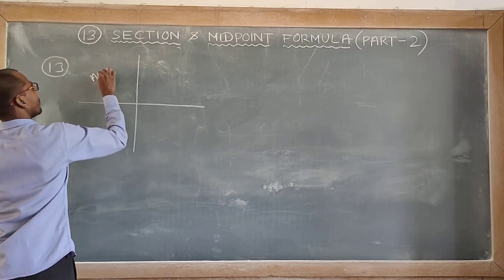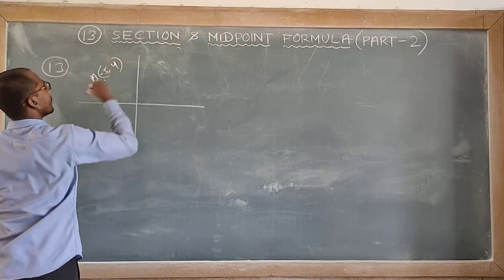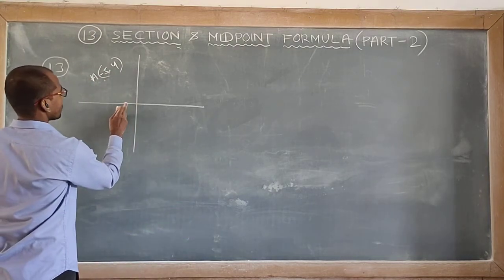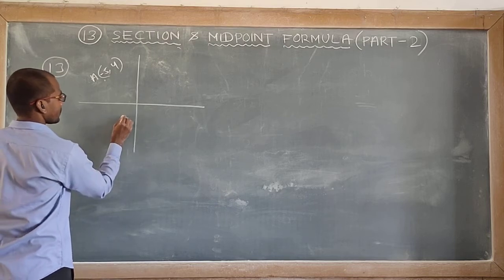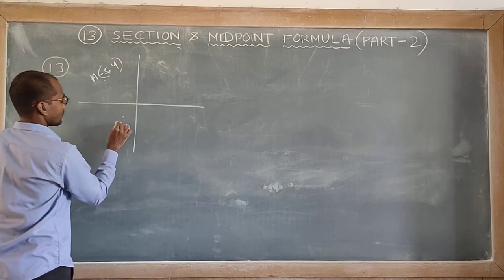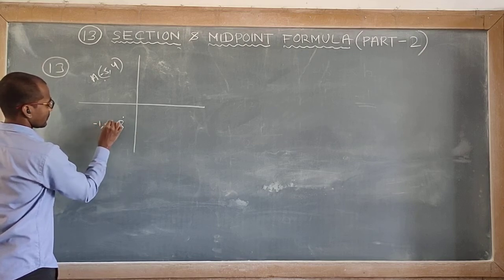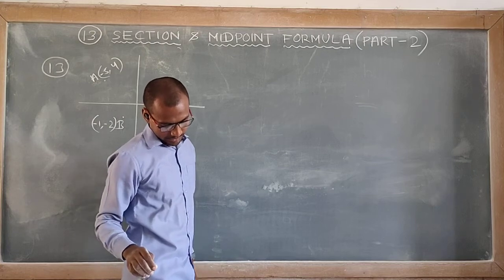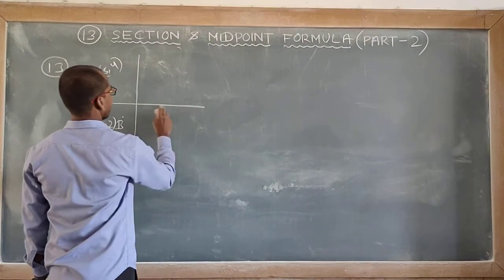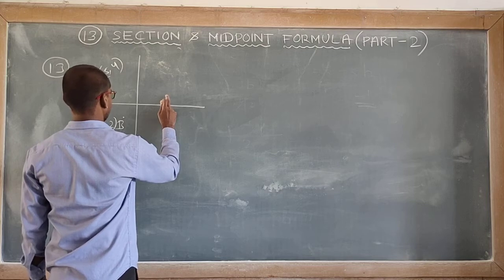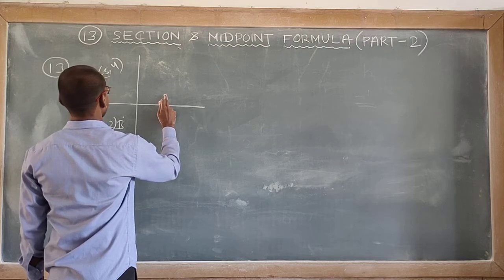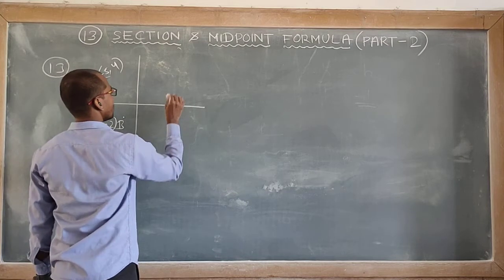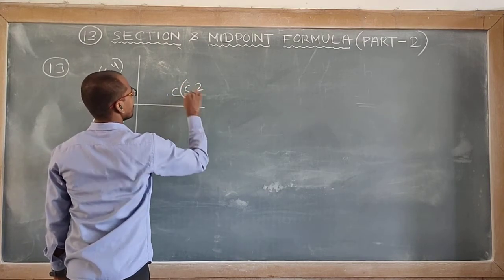Then B is (-1, -2), suppose here. Then C is (5, 2), suppose here.